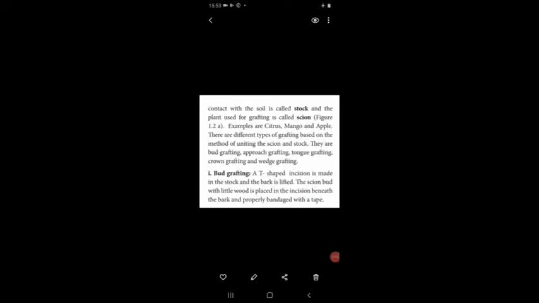Out of these two plants, one plant is named the stalk, another plant is named the scion. How will you identify which one is stalk and scion? The plant which is in contact with the soil is named the stalk. The plant which is going to be grafted is named the scion.